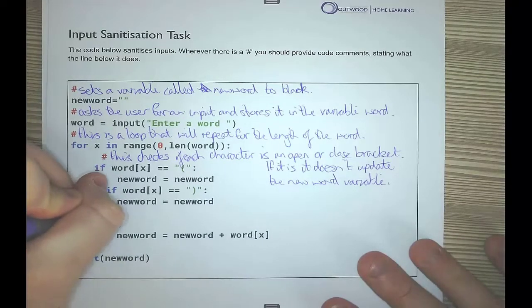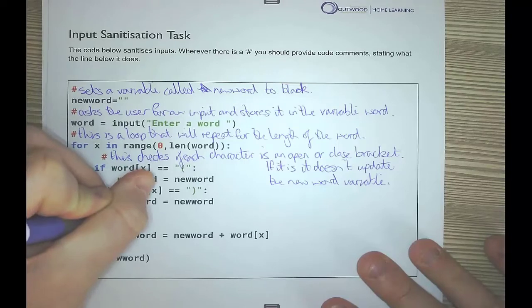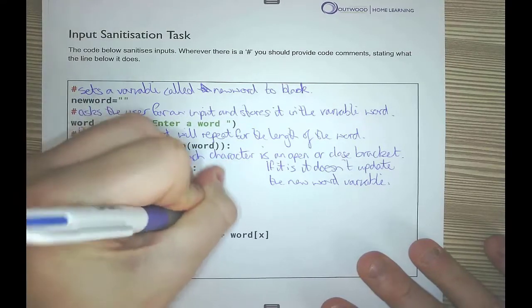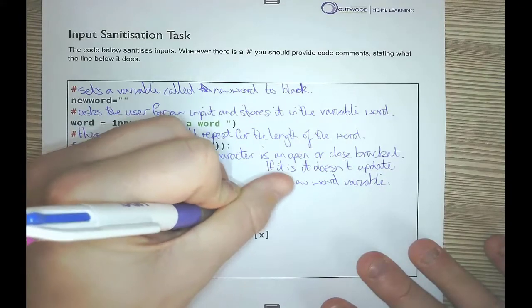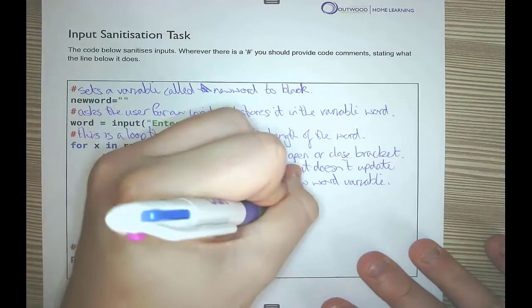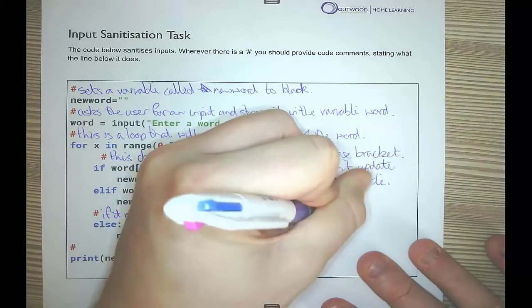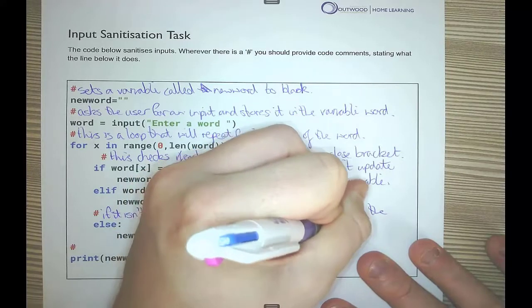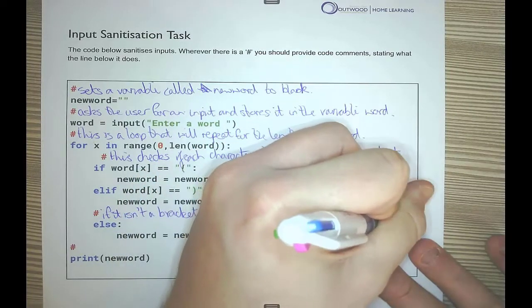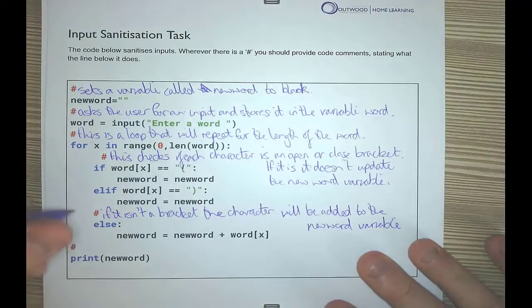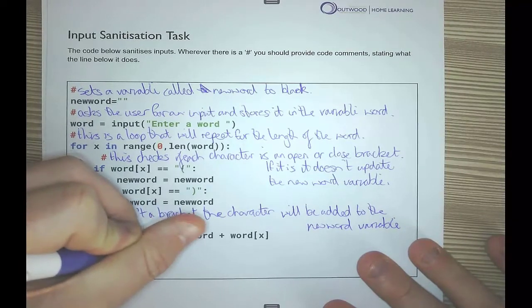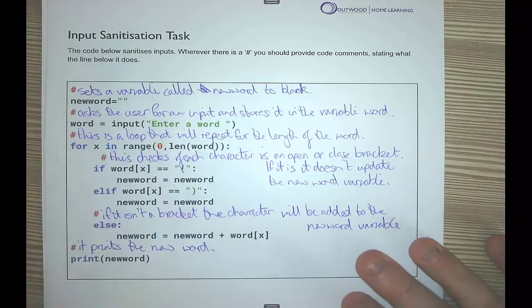Okay, so if it isn't a bracket, the character will be added to the new word variable. Okay, and then at the end simply it prints the new word.